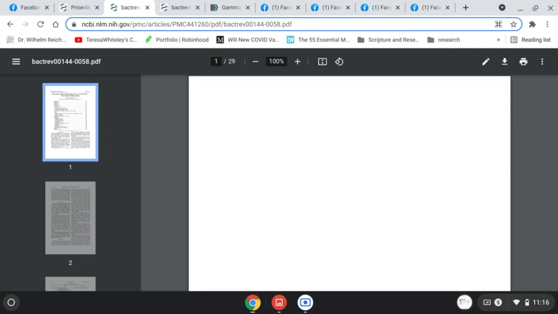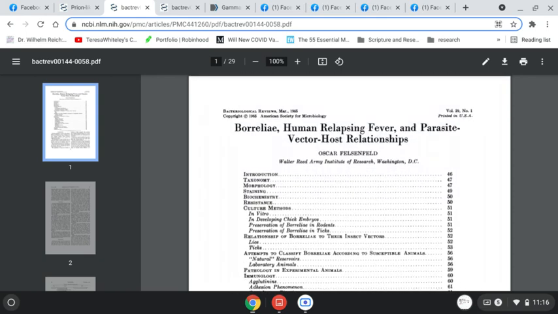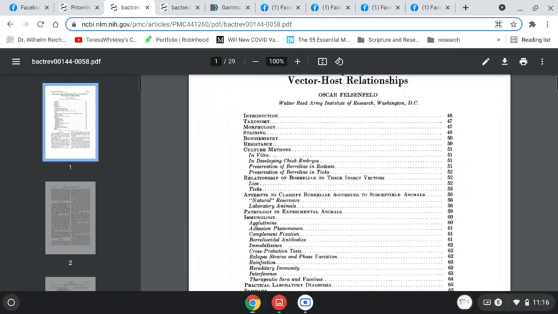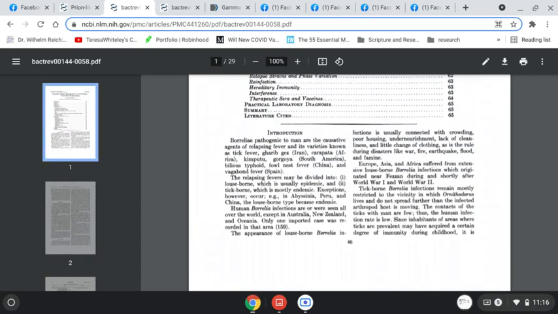It's going to go especially slow. Okay. Borrelia, human relapsing fever, and parasite vector host relationships. And remember, this is from 1965.